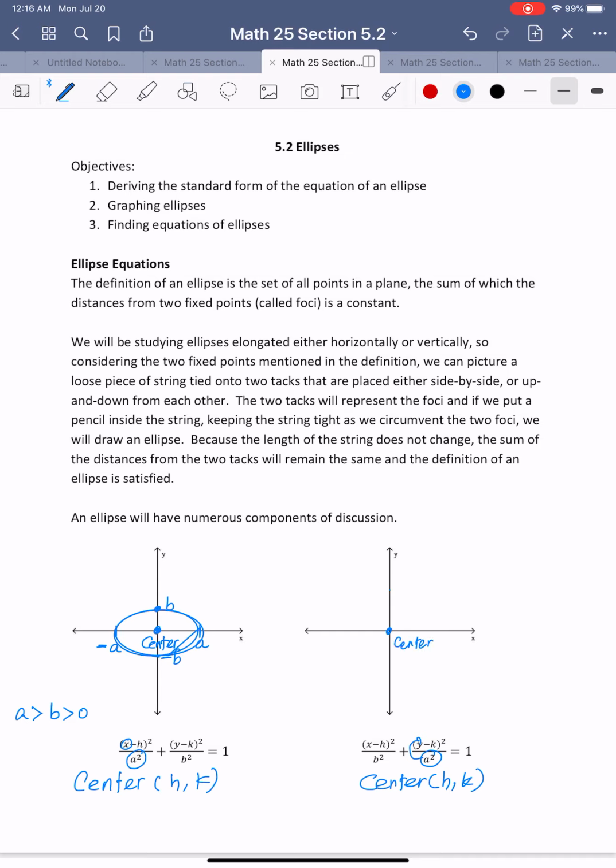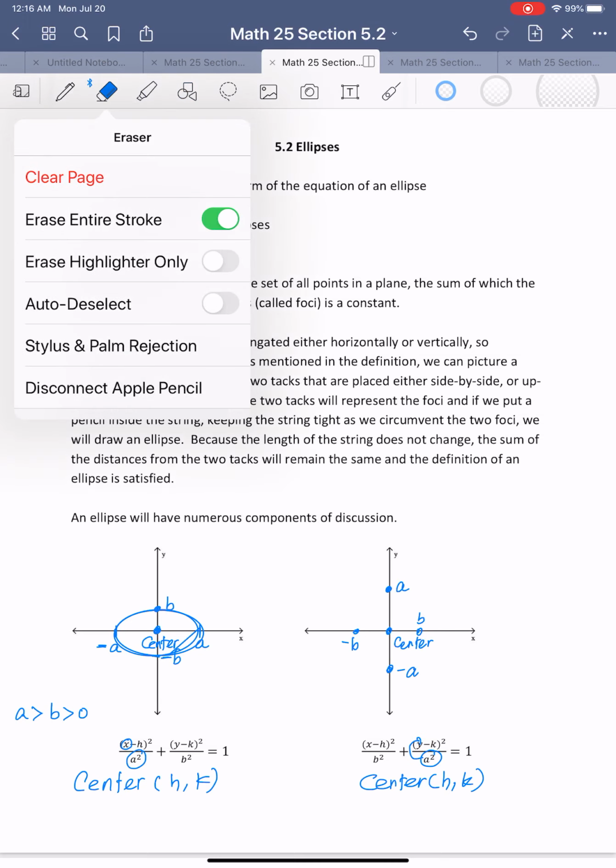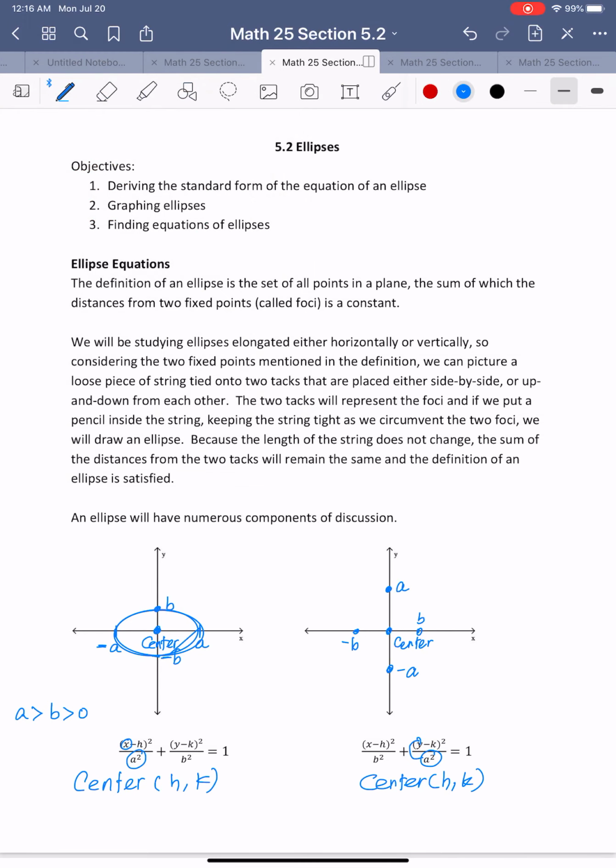You go A units up and A units down, and then you go B units to the right and negative B units to the left. If you connect them together, you can connect them nicely and make the ellipse. It's the same thing: A is greater than B.